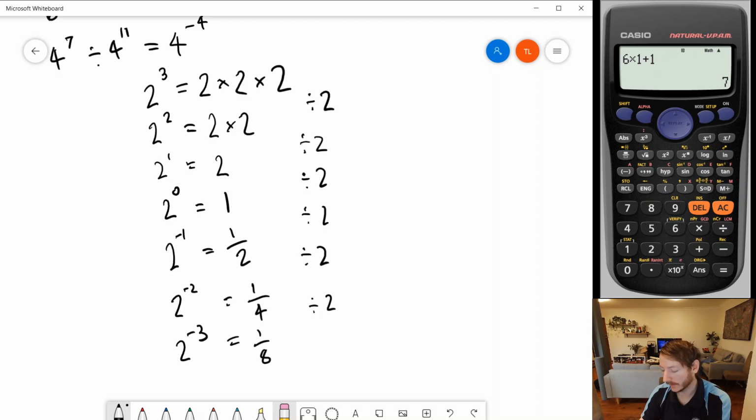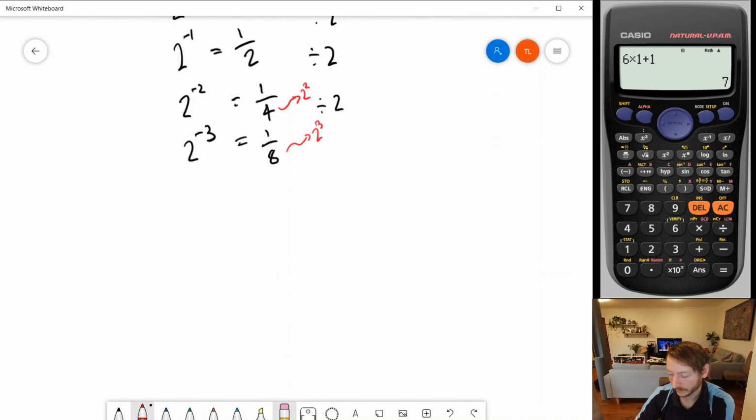Now, if you're doing some of the sums in your head, you might notice that this number here is the same as 2 squared. This number here is the same as 2 cubed. So what we end up with is when we've got to the power of a negative, it actually becomes 1 over 2 squared.